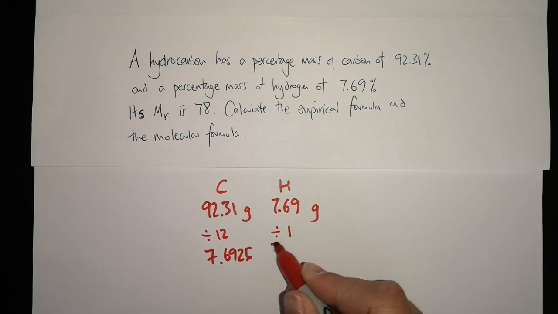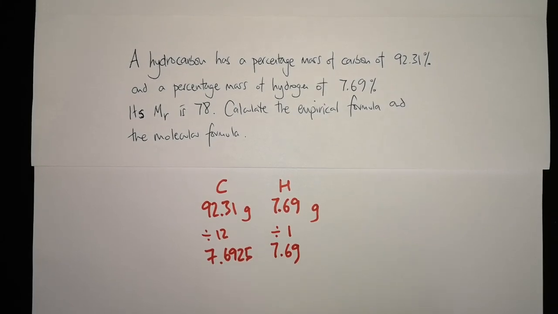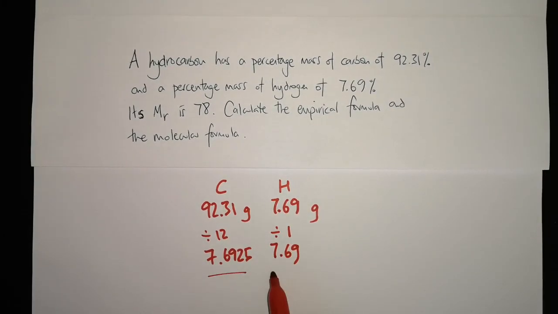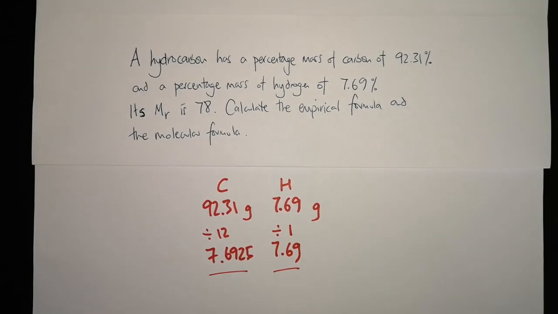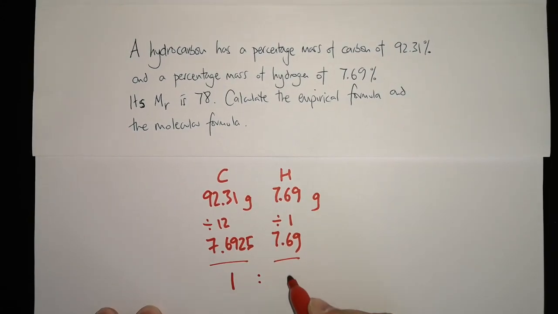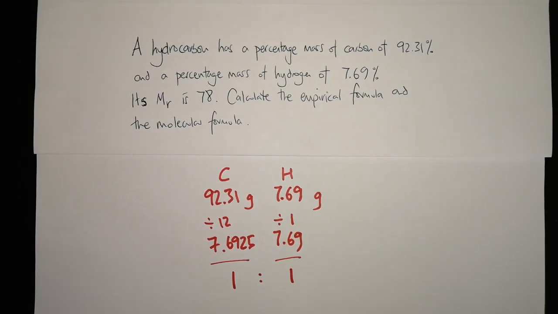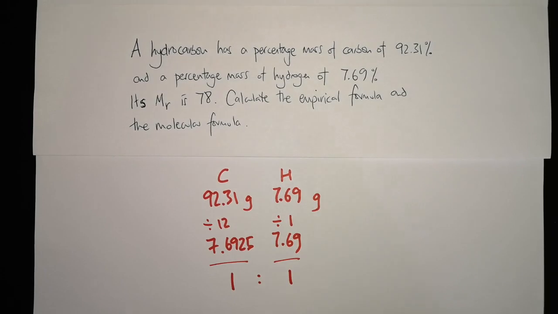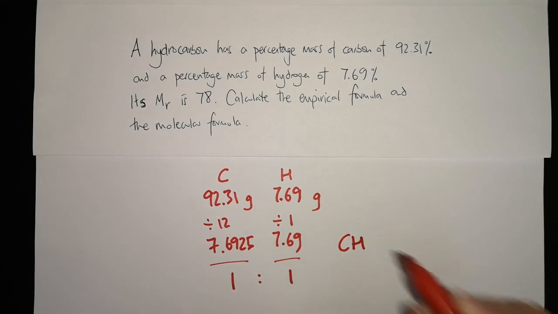So I'll divide that by 1 and get an answer of 7.69. And you should be able to see straight away that they are very similar. What you would do in terms of an empirical formula calculation, of course, is divide by the smallest to find the ratio. But hopefully you should see there that the ratio here is 1 to 1. In other words, the empirical formula is CH.